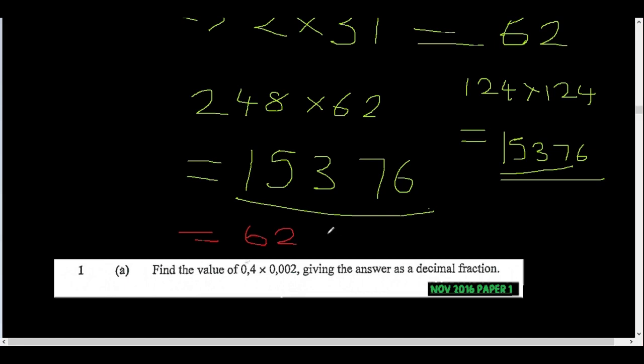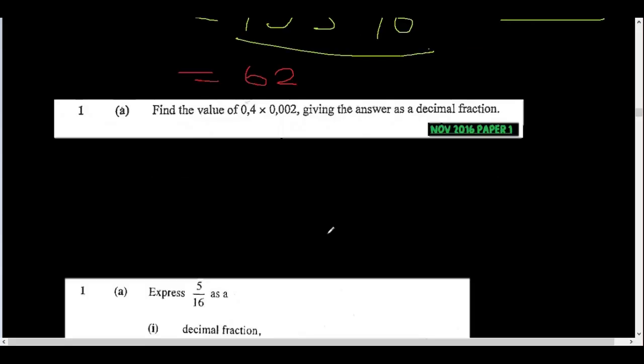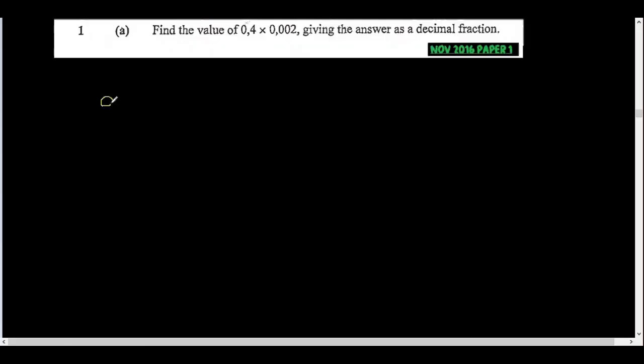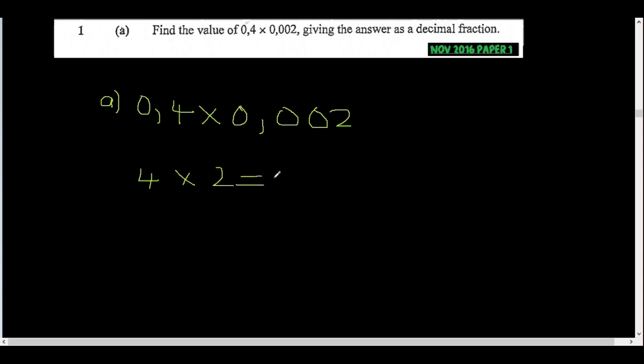You find the value of that, giving the answer as a decimal fraction: 0.4 multiplied by 0.002. Then you treat them as if they were integers. 2 times 4, we get 8. Then you count the number of decimal places: 1, 2, 3, 4.